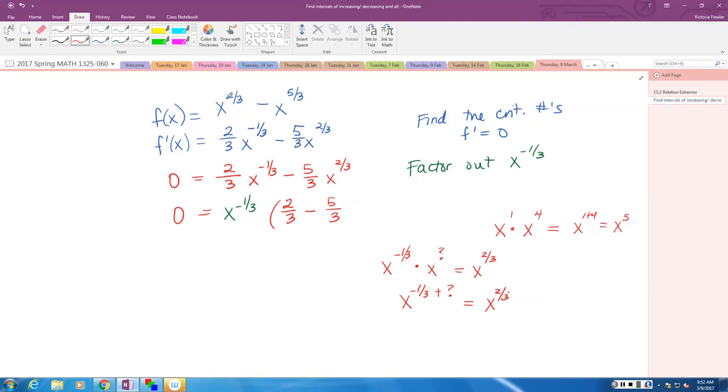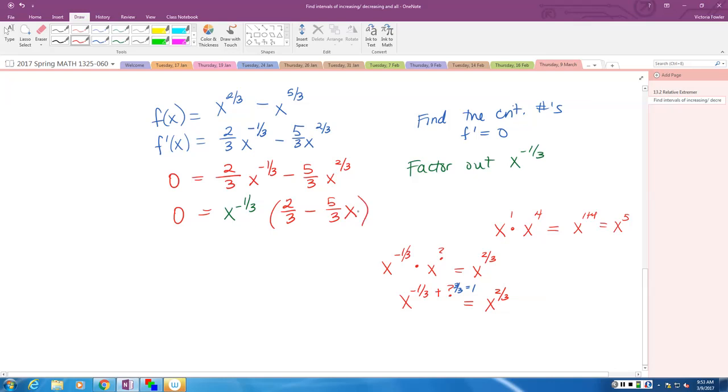You guys all with me on that? And I heard the correct answer: this has to be 3/3, which we know is 1. So over here, where I factored it out, I will now have in the parentheses just an x, because x to the 3/3 is x. Does everyone follow that?